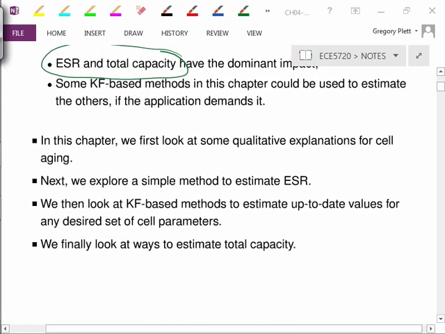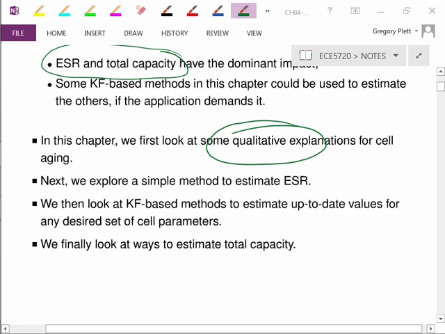What are we going to do? We're going to first explore this idea of aging a little bit more, because while this particular course is not so focused on electrochemical models, I think we don't have to be quantitative. We can be qualitative and at least explore some ideas of why a cell ages. I think that's actually quite valuable.